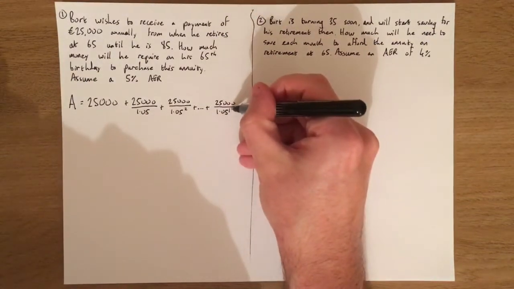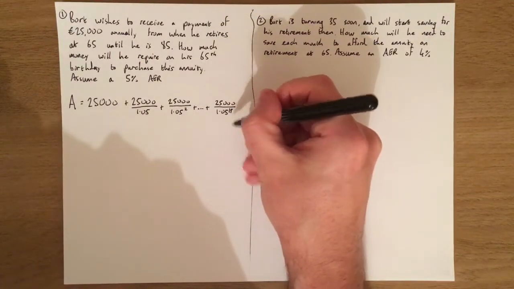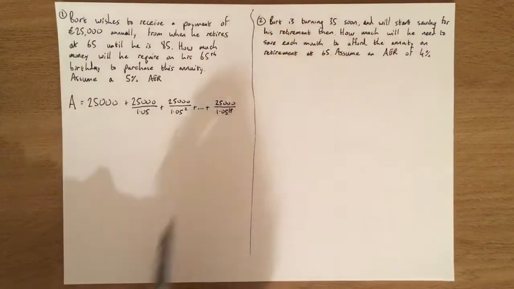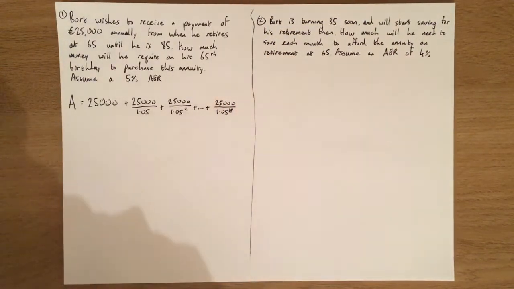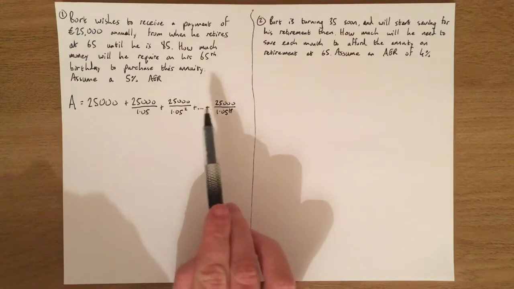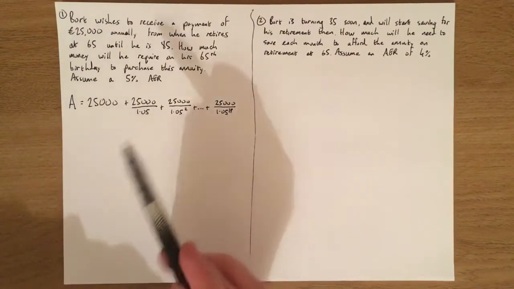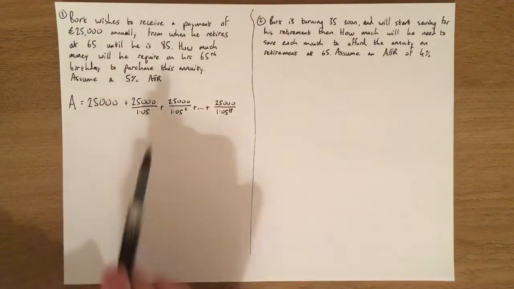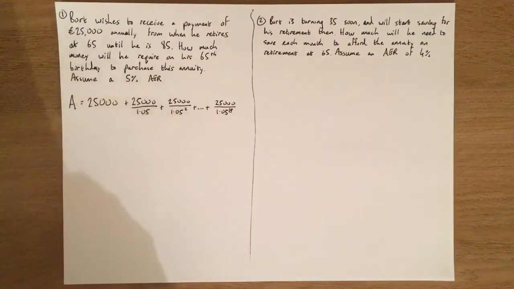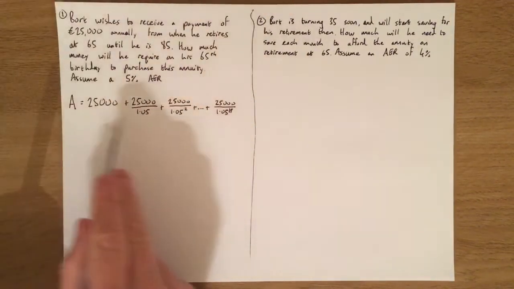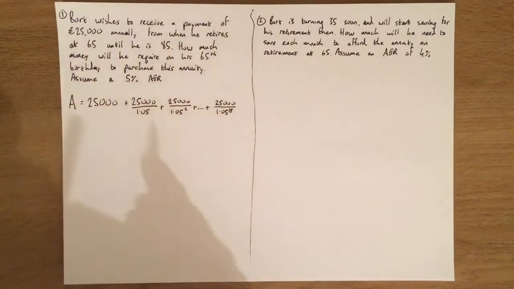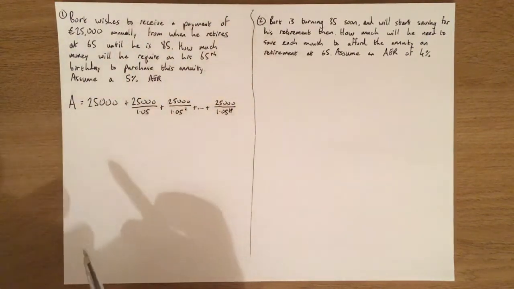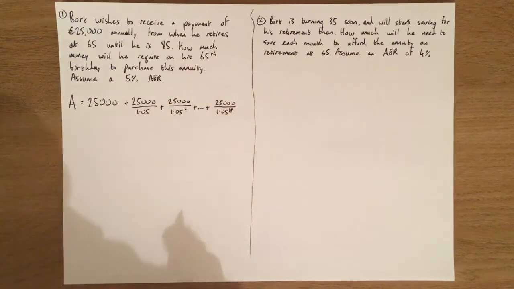So that's 1.05 to the power of 19. Because I'm receiving it at the start of the 20th year, just the end of the 19th year as well, it's only been discounted 19 times. So there's 20 terms in the series, but the last one has only been discounted 19 times. Just watch out for that slight mismatch between your N when we come to the series and what you're discounting.